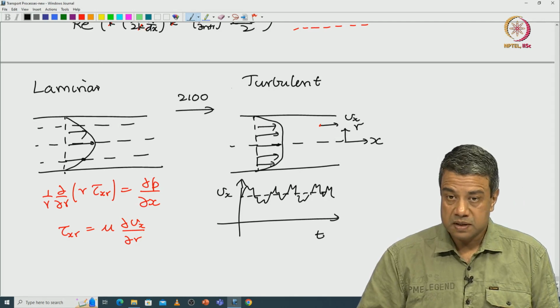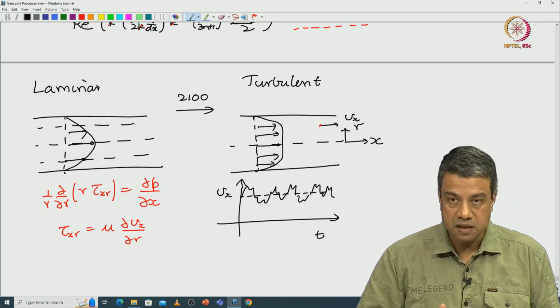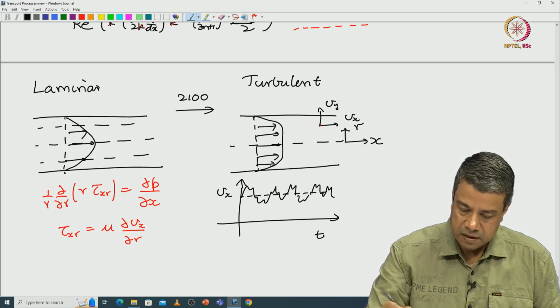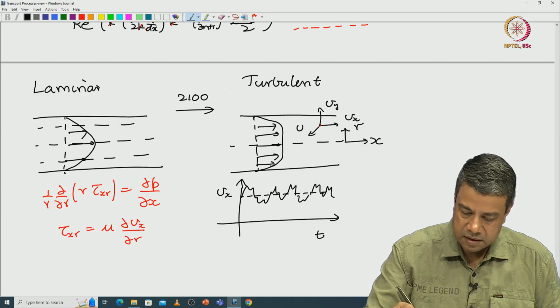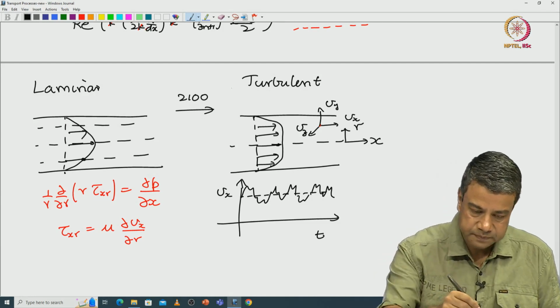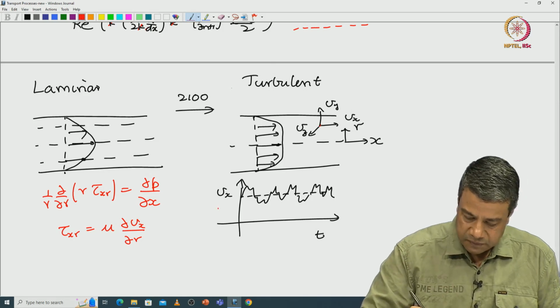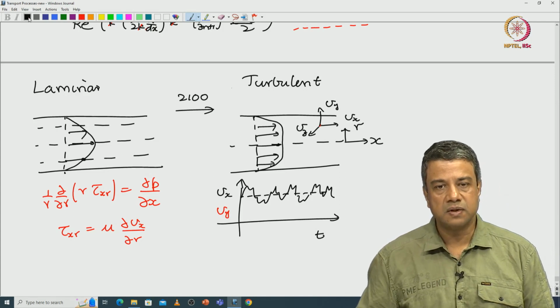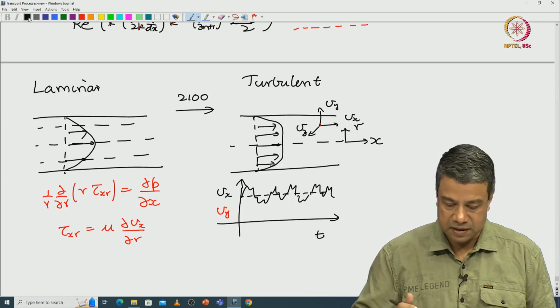There will be fluctuations in the cross stream direction as well. If I put a Cartesian coordinate system at this particular location, and consider the velocity in the three directions at that particular location, V y, on average it will be 0 because there is no average velocity perpendicular to the axis.